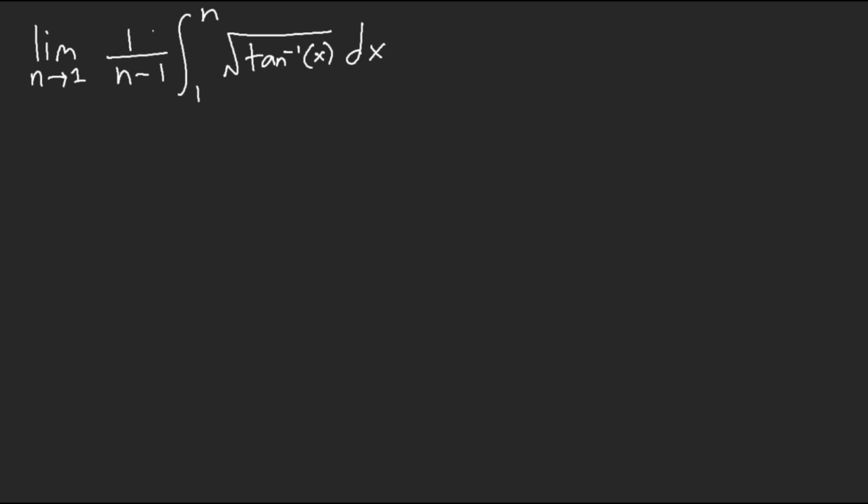This integral is technically the numerator, at the top. If you plug in 1 here, this integral becomes 0, because from 1 to 1 makes the whole integral 0. So because this is technically 0 over 0, we can use L'Hopital's rule.